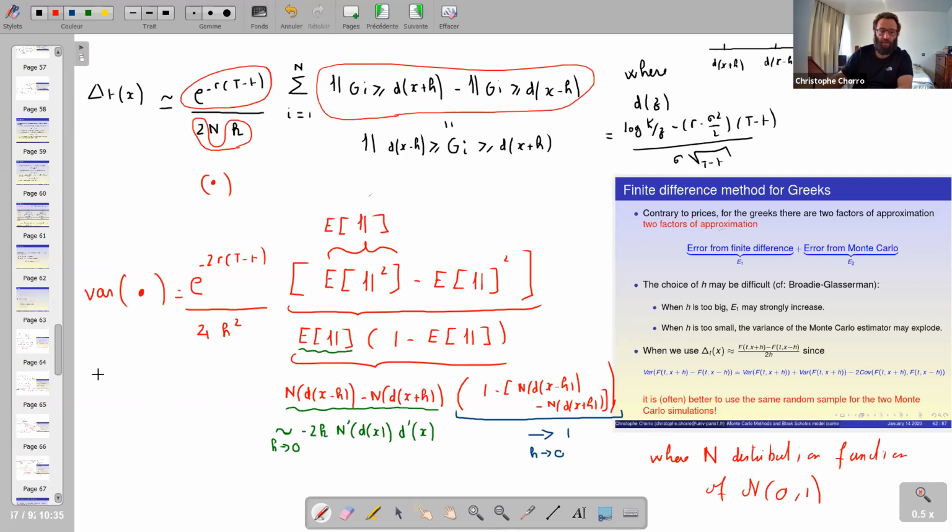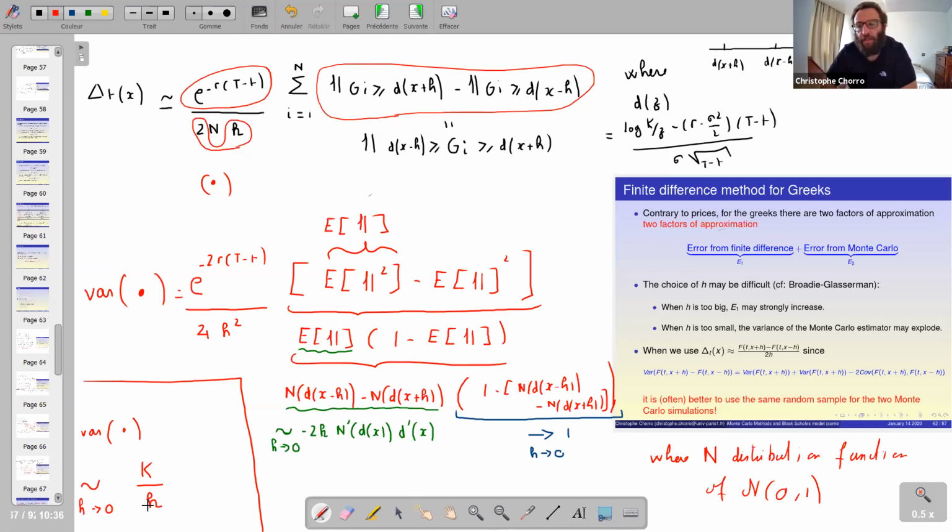But at the end, if I conclude my computation, what can I say about the variance of what I am interested in? This variance is equivalent to what? I have this term multiplied by this one, that is equivalent when h goes to 0 to something that is a constant over h. And it is a big problem to have this. Why?